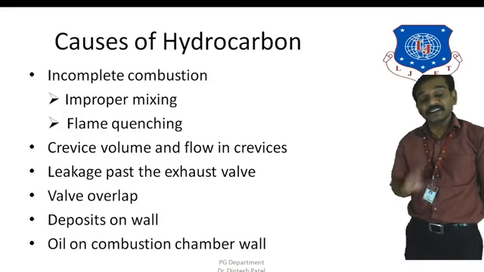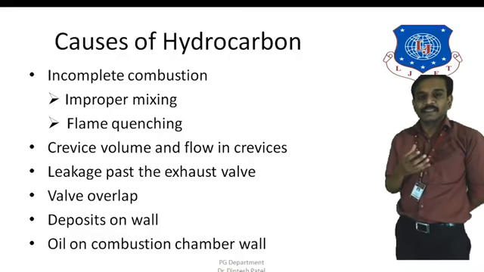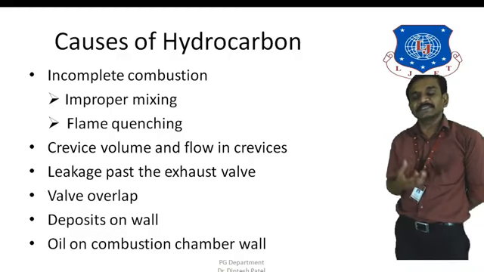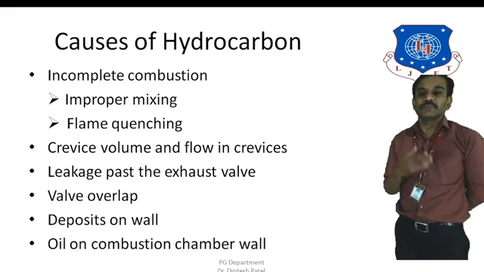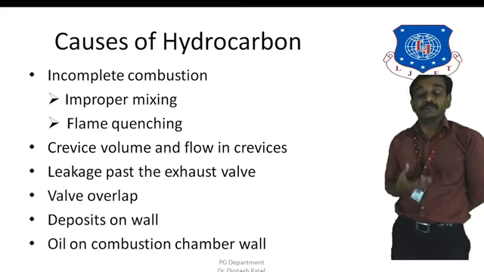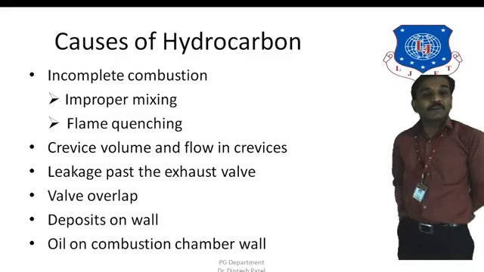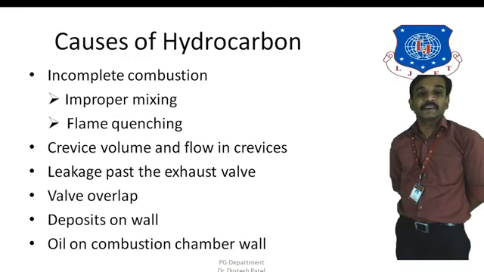It is mostly generated because of a low quantity of air, which does not provide enough oxygen to convert all the CO into CO2, and therefore the emissions end up in the combustion chamber. Here are a few causes of hydrocarbon, and the first cause is incomplete combustion.